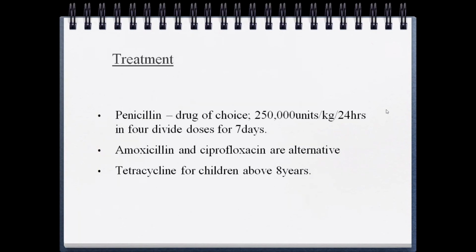Treatment. Penicillin is the drug of choice. You can give penicillin 250,000 units per kg per 24 hours in 4 divided doses for 7 days. These days, if you do not use penicillin, then amoxicillin or ciprofloxacin can also be used. If the child is above 8 years old, tetracycline can also be used.